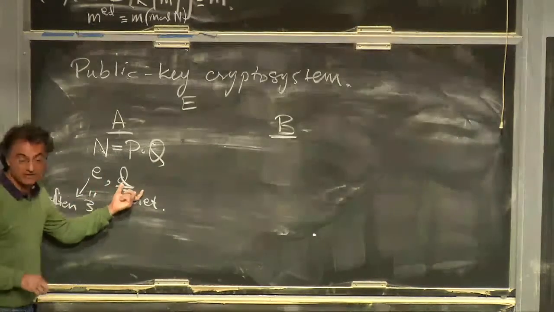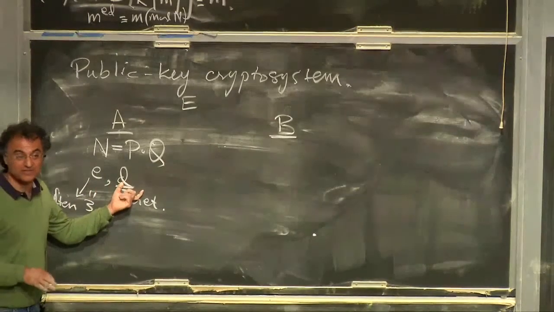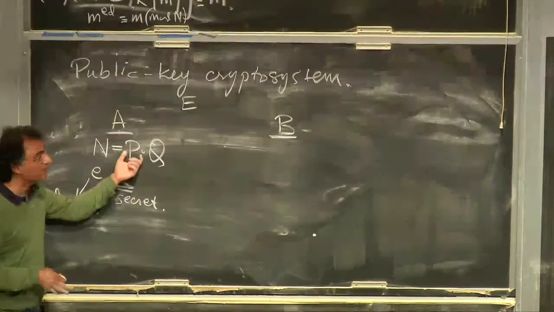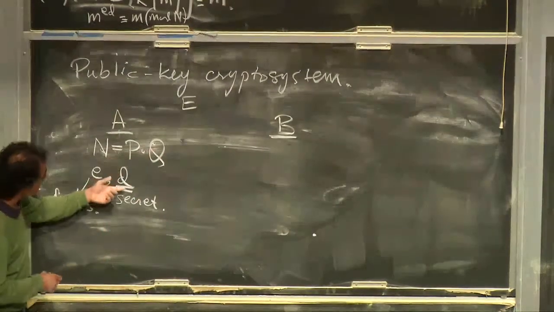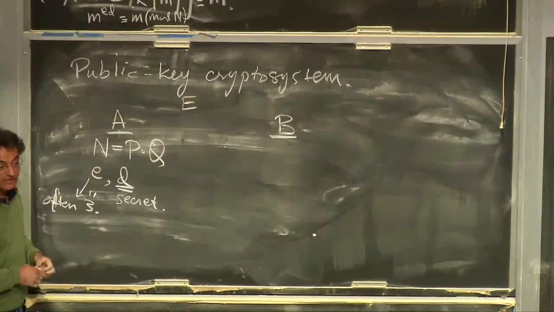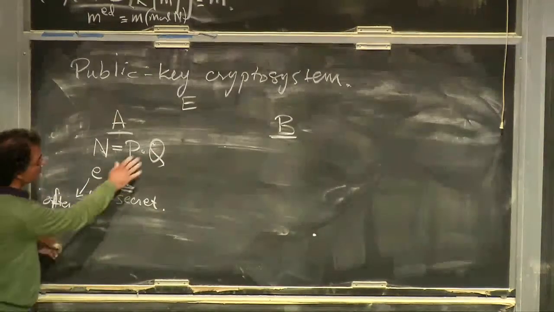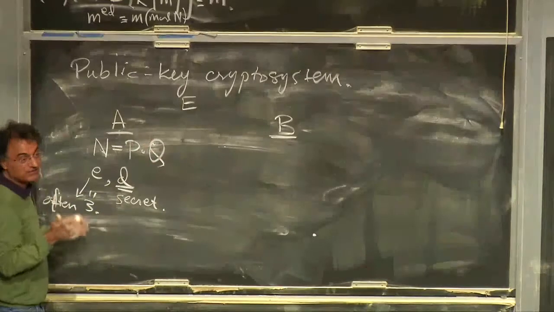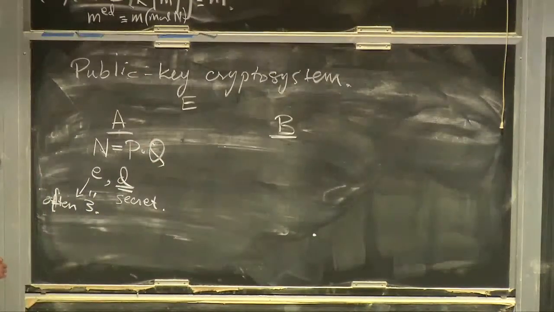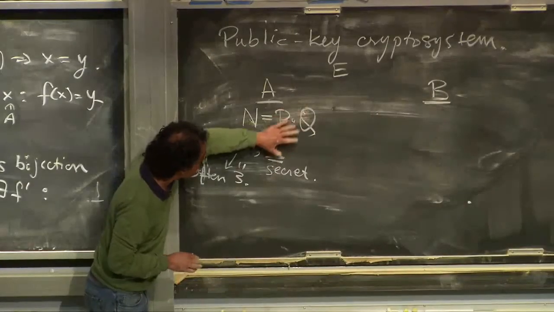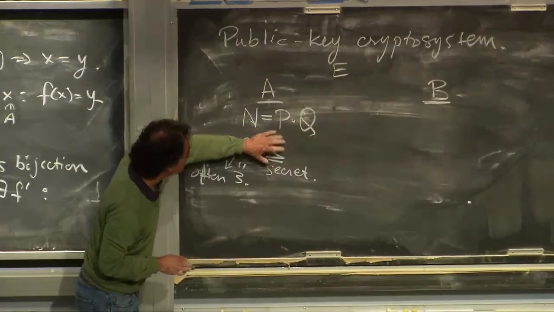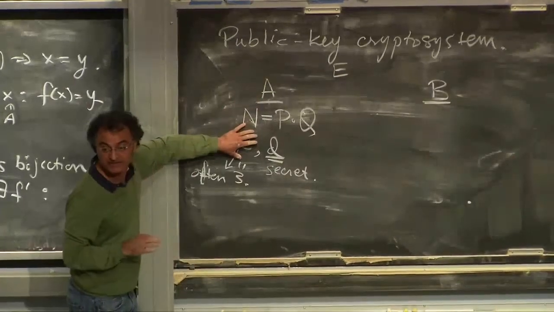But D is what's hard to generate, and for that you require the prime factors P and Q. So Alice uses the prime factors P and Q to figure out D. At that point, if she wants to, she can throw away P and Q, or she can keep them for sentimental reasons. Now D she keeps secret. She throws away P and Q, she keeps D secret, she publishes N and E on her website.